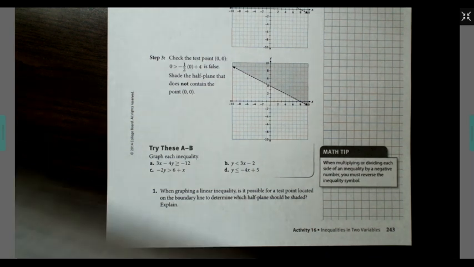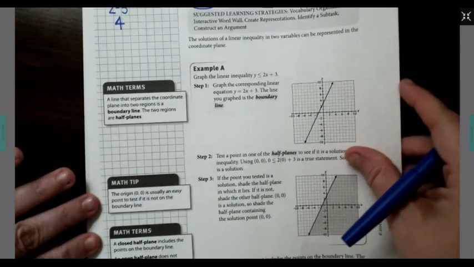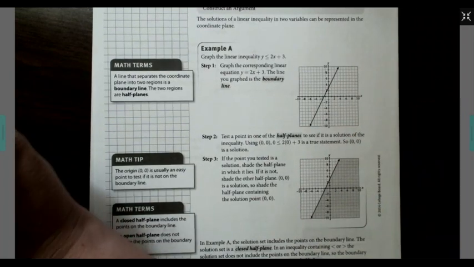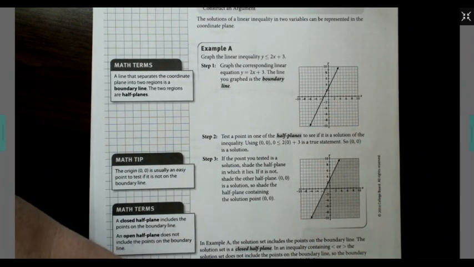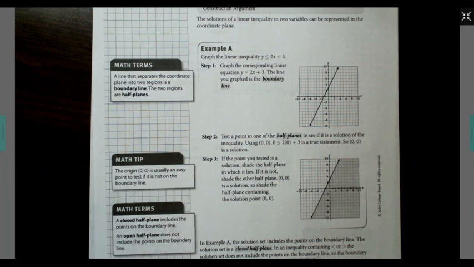All right, let's take a look through example A. Example A states, graph the linear inequality y less than or equal to 2x plus 3. Step 1. Graph the corresponding linear equation, y equals 2x plus 3.